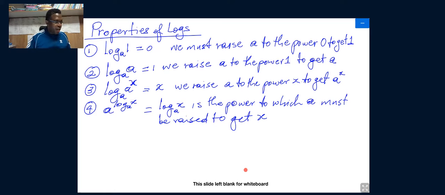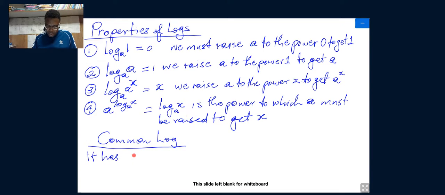A common logarithm is identified by having a base of 10. So a common log has a base of 10.